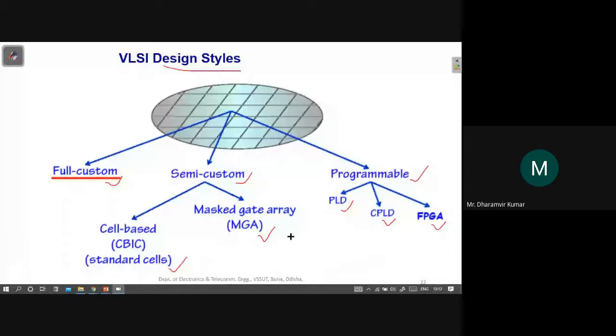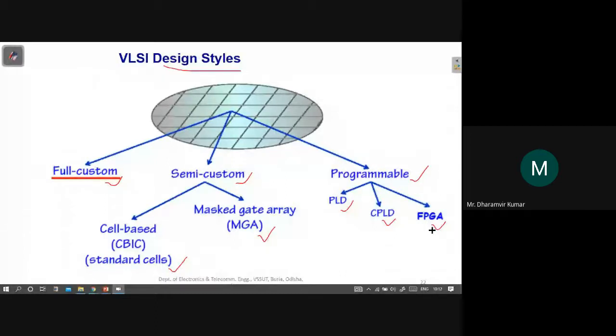because no single design style will offer you all the advantages. If one design style gives you very high performance chips, then it may cost a lot. If some design style like FPGA allows a design to be completed in a very short span of time, then the performance may not be that high.